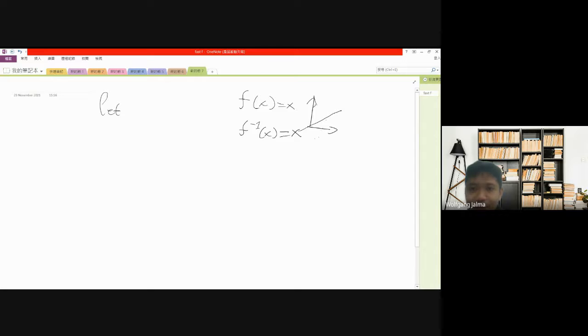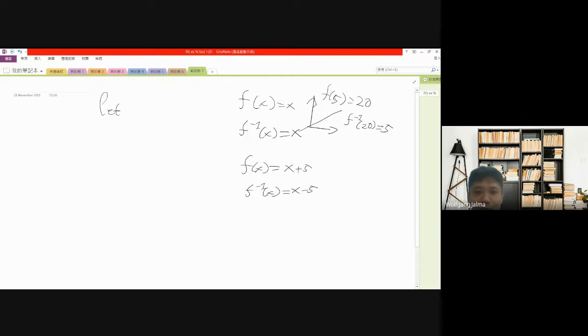Basically, if f(5) equals 20, then f inverse of 20 should be equal to 5. But for example, if f(x) is x plus 5, then f inverse is x minus 5.